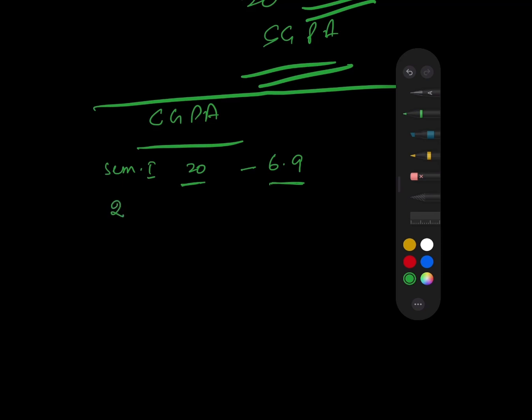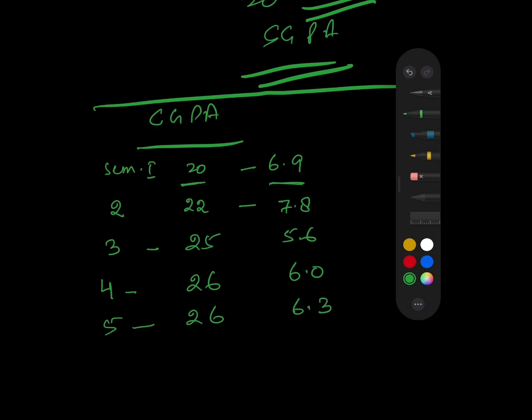In semester 2, you studied 22 credits and you got 7.8 SGPA. In semester 3, you studied 25 credits and you got 5.6 SGPA. Then in the 4th semester, this is just an example, you studied 26 credits and you got 6 SGPA. Semester 5, you studied 26 credits and you got 6.3. In semester 6, you studied 25 credits and your SGPA was 8.0.